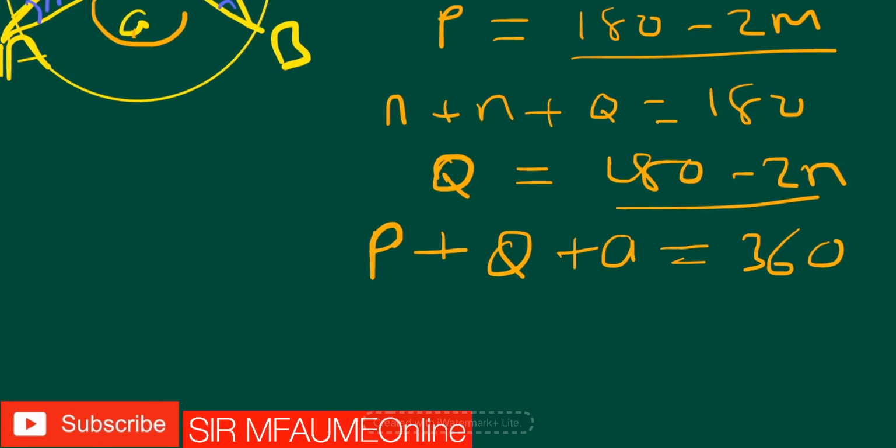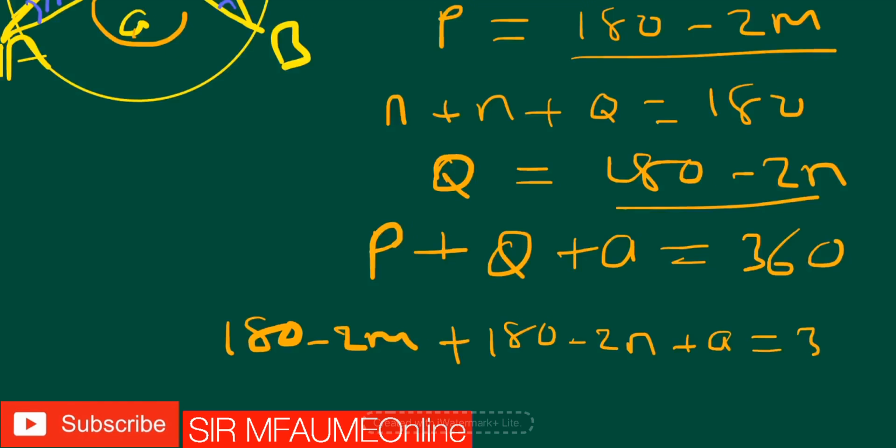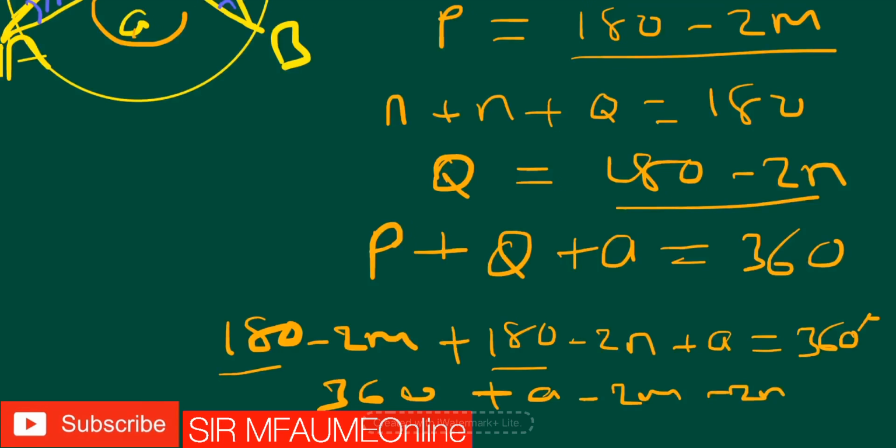P is 180 minus 2M, plus, what is Q? 180 minus 2N, then plus A equals 360 degrees. When I take this one plus this one, I'll find 360 plus A minus 2M minus 2N must be equal to 360.